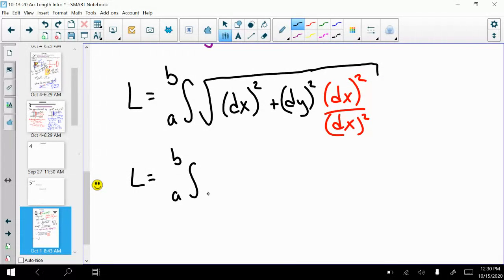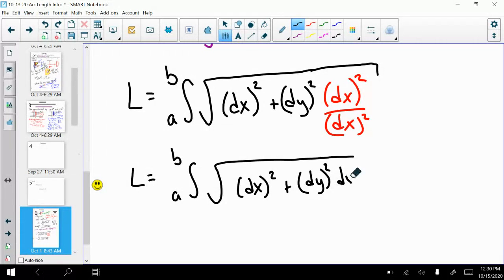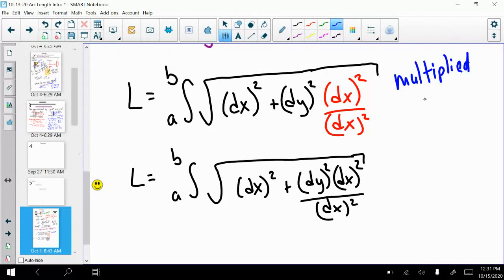L equals the integral from A to B of the square root of dx squared plus dy squared times dx squared over dx squared. So I multiplied by 1 up here.